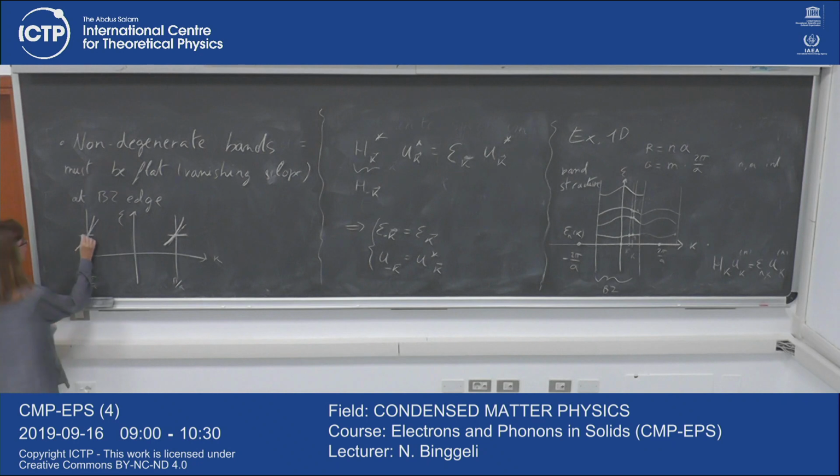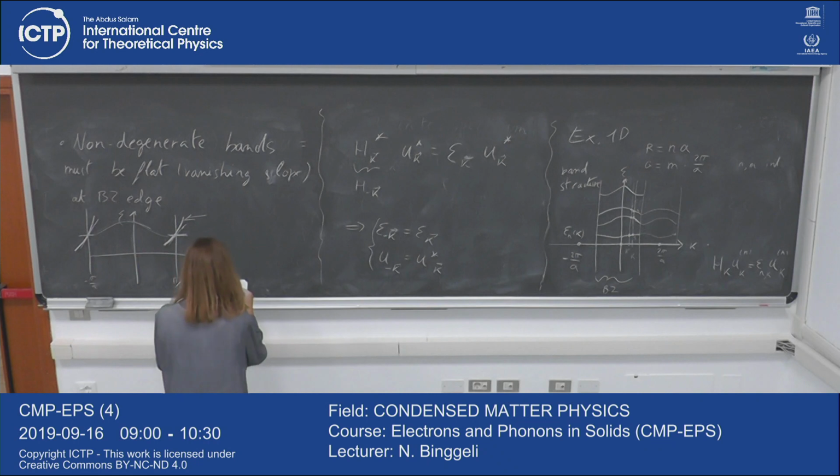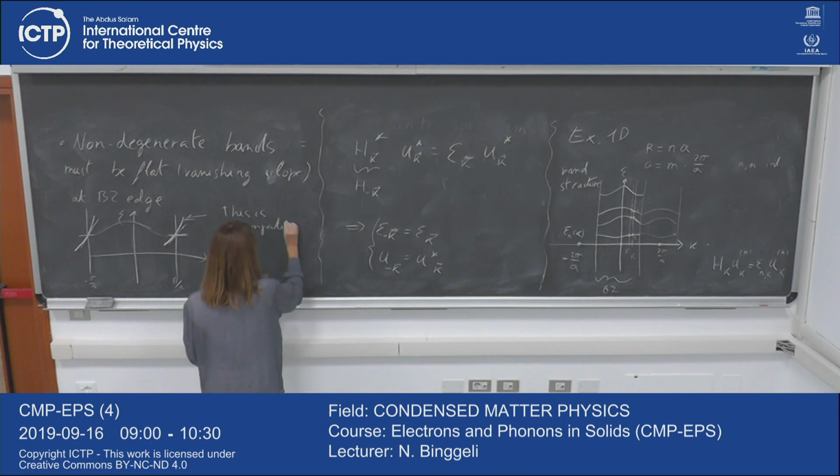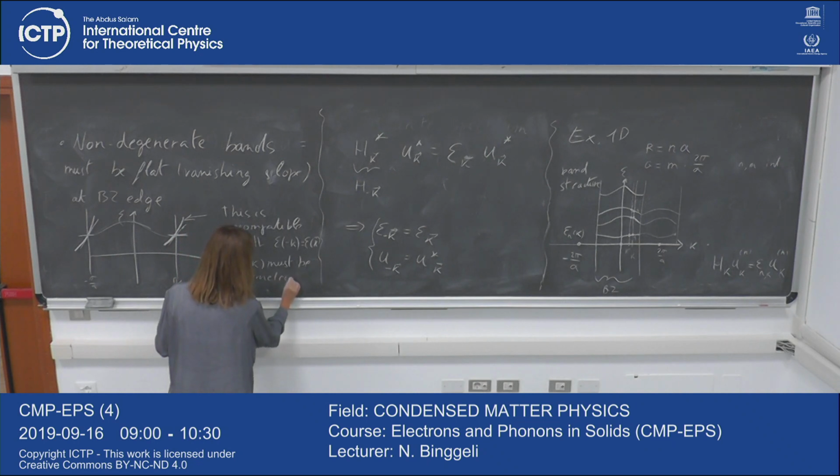This is the only way I can have both periodicity and symmetry, epsilon of K equal to epsilon of minus K. So this non-zero slope is incompatible with epsilon of minus K equal to epsilon of K, because epsilon of K must be symmetric about the origin.